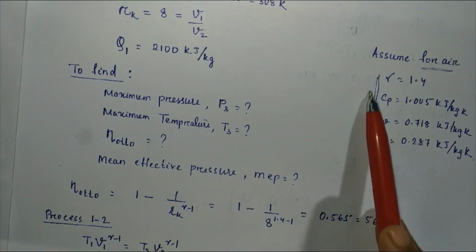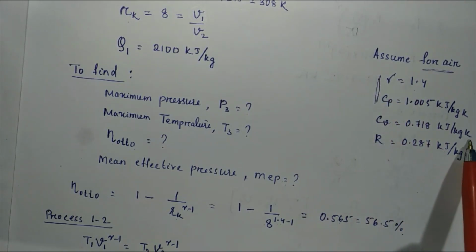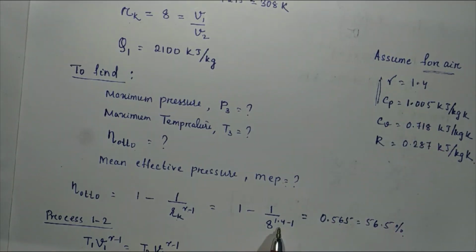If these values are not given in the question, we have to use these standard values. So we substitute the value of gamma as 1.4, and after solving this we get the value 0.565, and efficiency is expressed in terms of percentage, so multiply by 100 and we get the final value, that is 56.5%.